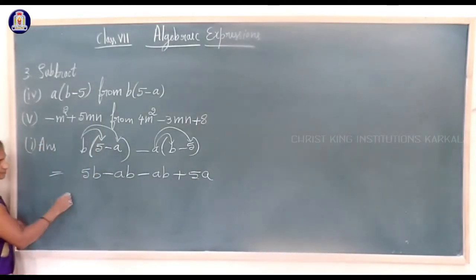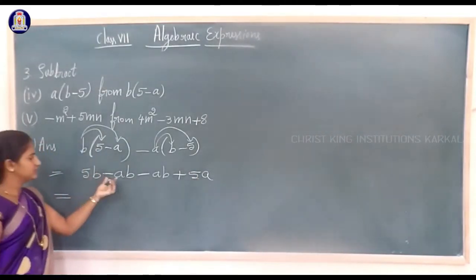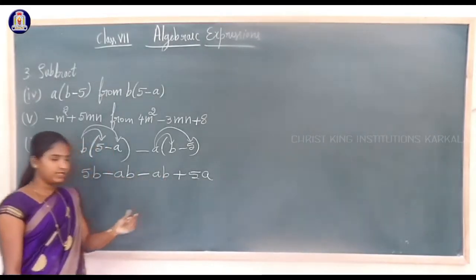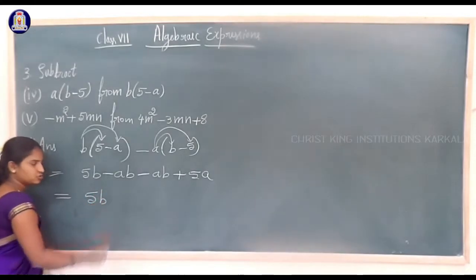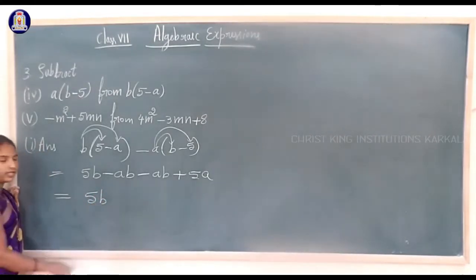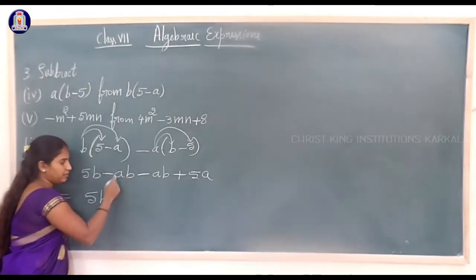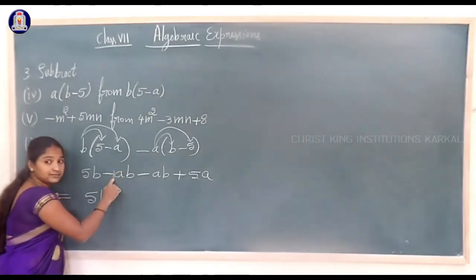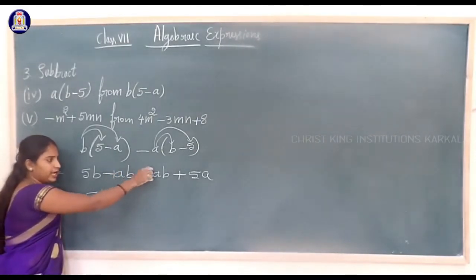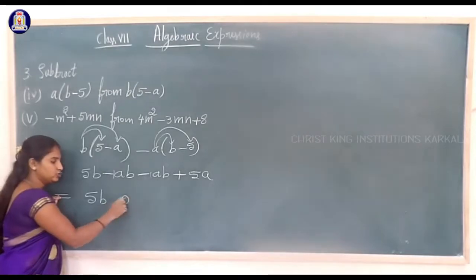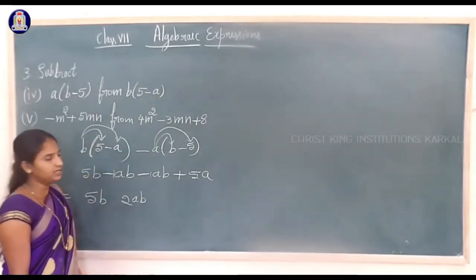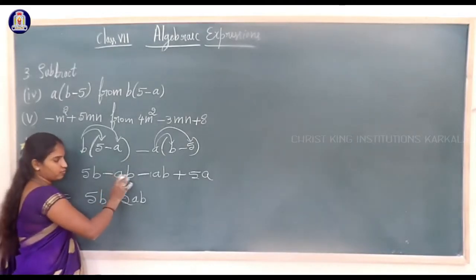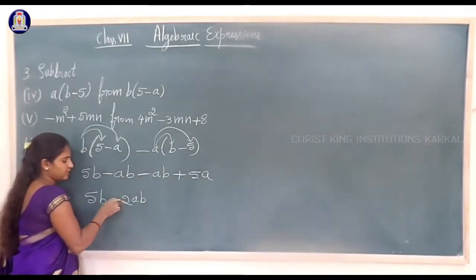Now minus ab, minus ab. See, 5b, there is no other 5b term, so write as it is. Okay, now again ab and minus ab. Here actually the number is 1. 1 ab, 1 ab. Both are the same, and the sign is minus.